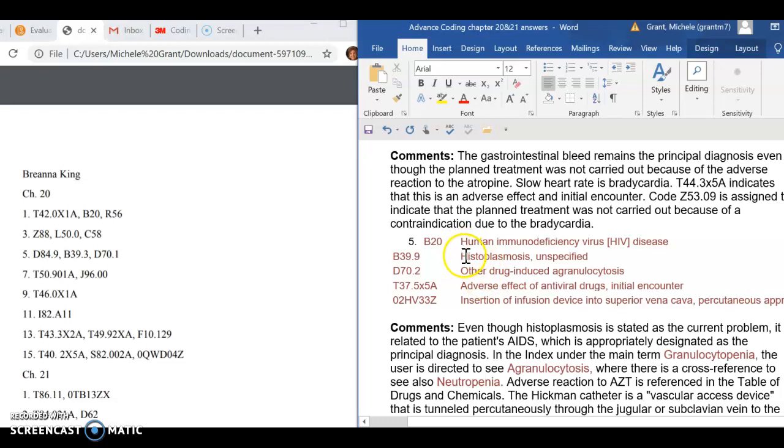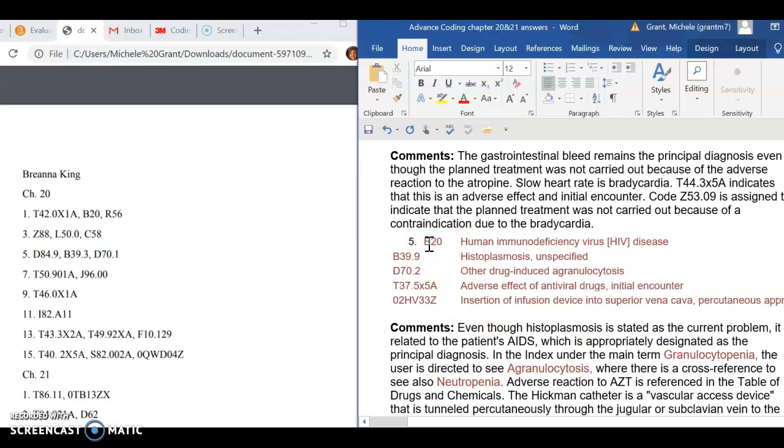With number 5, again with this one, this patient does have AIDS. So we kind of talked about this last year, when a patient does have AIDS, that's going to be principal diagnosis because the histoplasmosis is current, but it's related to AIDS. So AIDS always rules as being first.